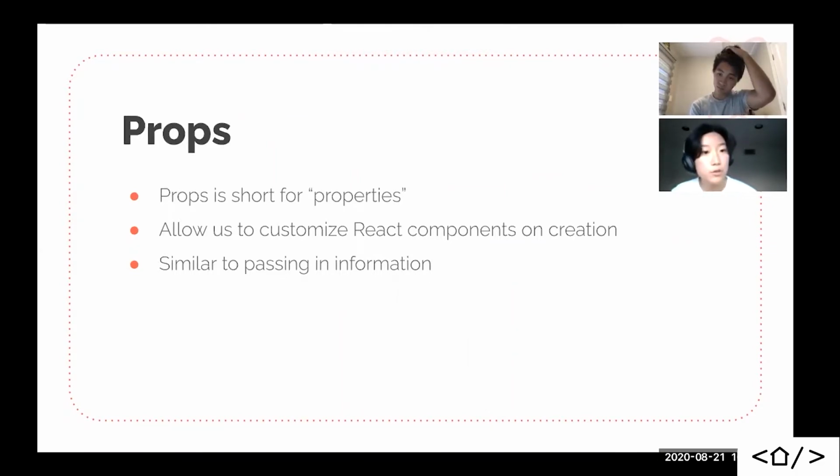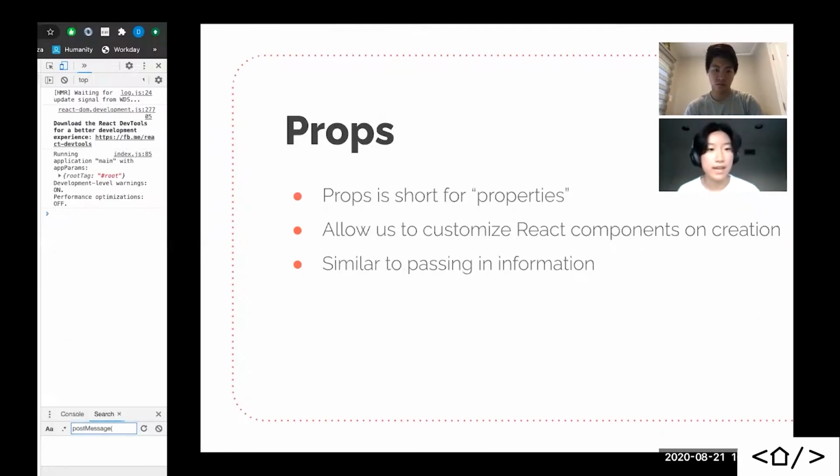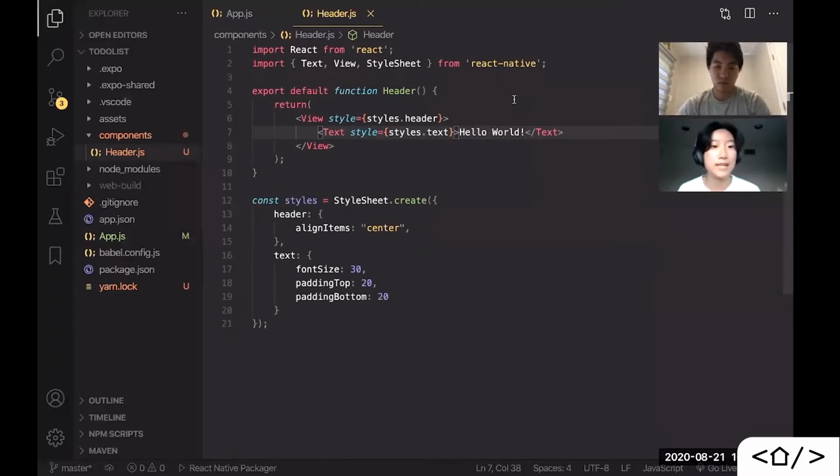But for those of you who are new to React, props is short for properties, and it's a name for information we can pass to a React component on creation. They allow us to customize components by giving them certain information, such as in this case, what we want the header to display as text, what we want the title of this app to be.